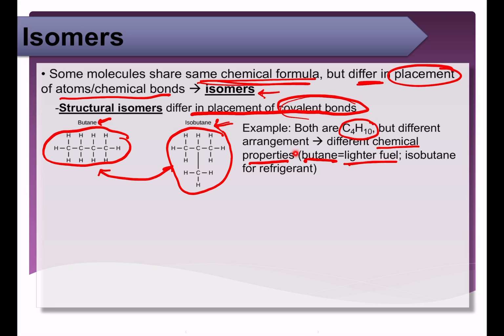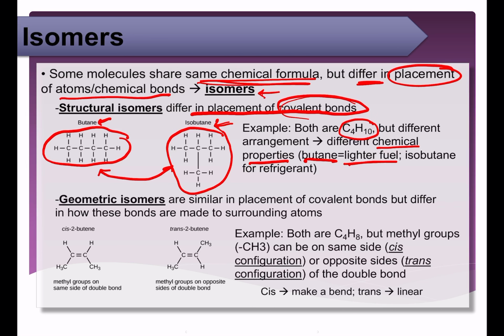Okay, structural isomers. And then you have a second type of isomers called geometric isomers, which are similar in the placement of covalent bonds, but differ in how these bonds are made to the surrounding atoms. So, for example, we have both C double bond C in the middle.